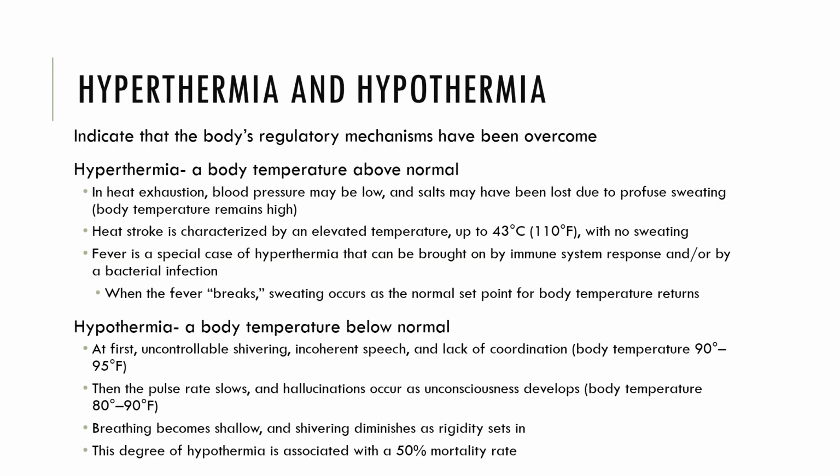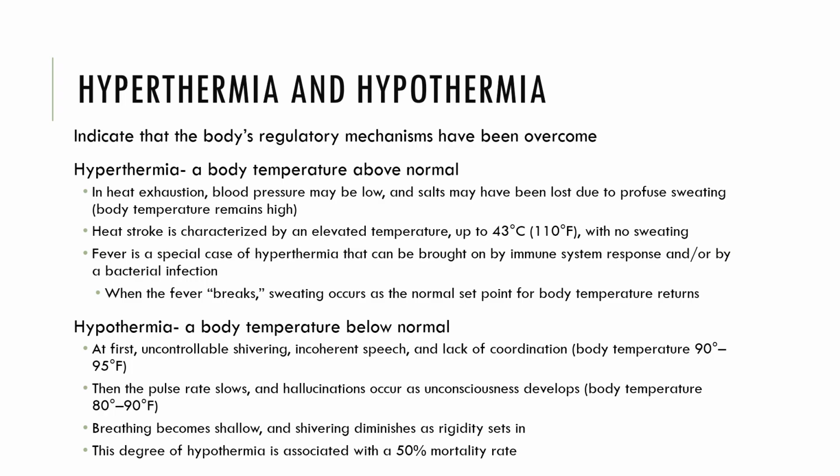Vasodilation is the widening or the dilation of blood vessels. This releases heat and your body cools off. Next, vasoconstriction. This is the narrowing or constriction of blood vessels, and this conserves heat.